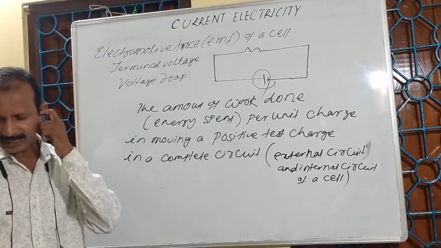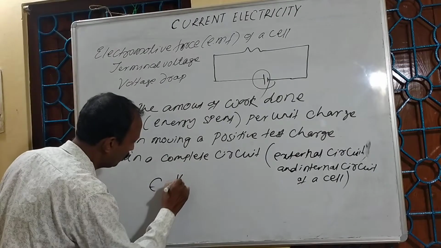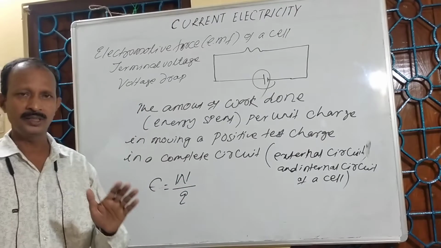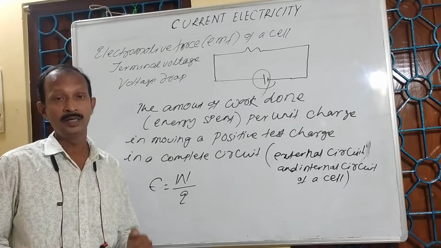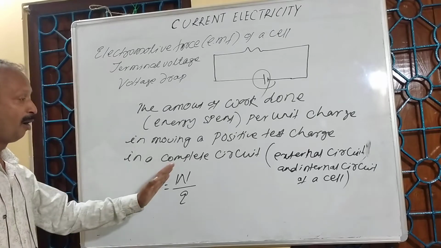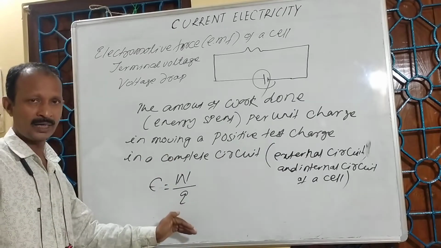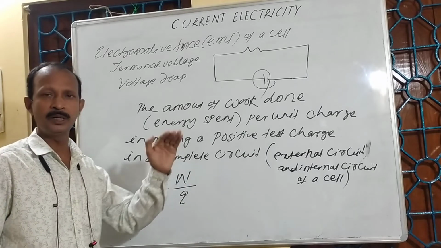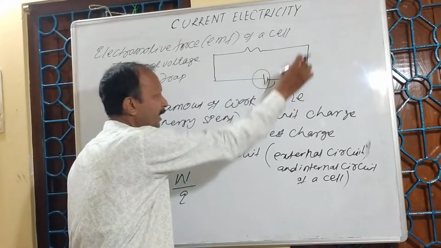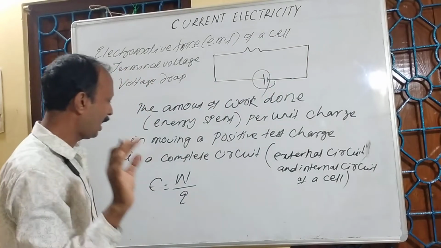So mathematically, epsilon is equal to W by Q. Potential difference I also said is the amount of work done per unit charge. Here also I am telling the amount of work done, but I am saying how much work is done for moving a positive test charge in a complete circuit, throughout the entire circuit, external circuit as well as internal circuit.